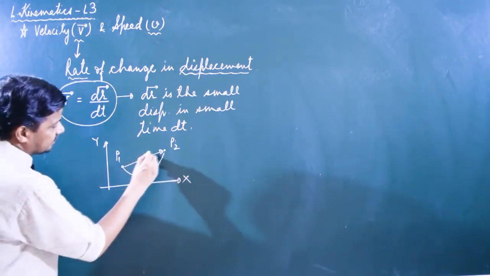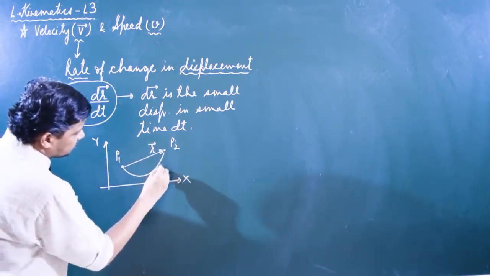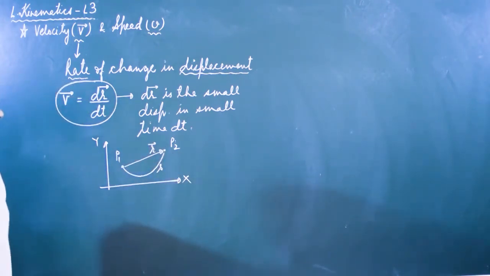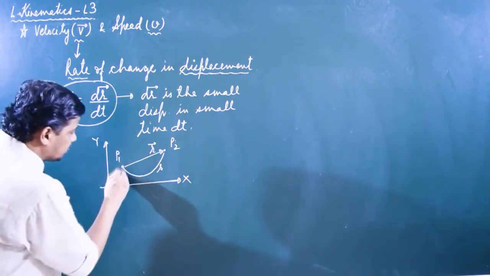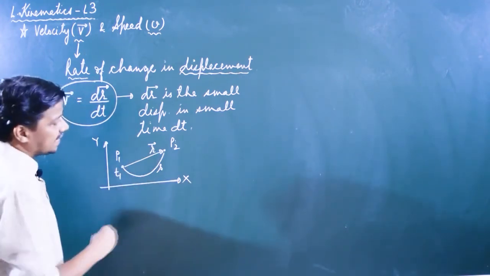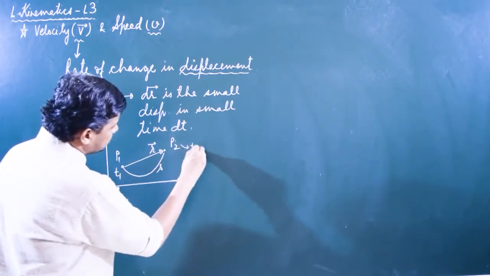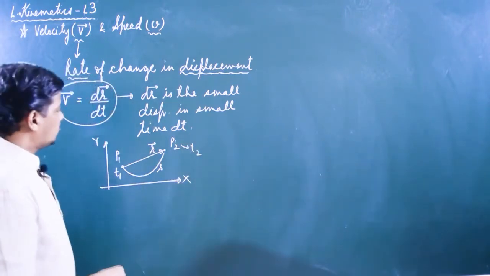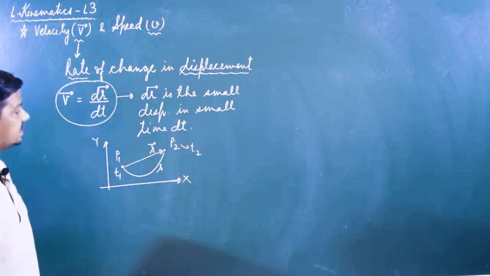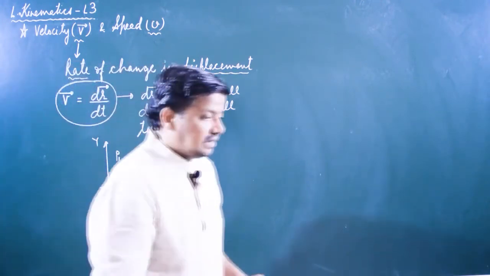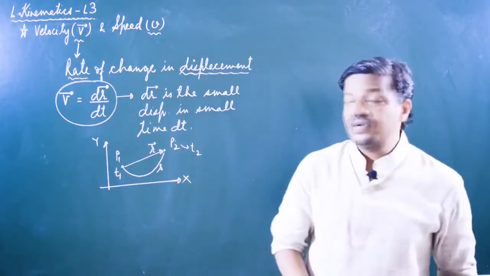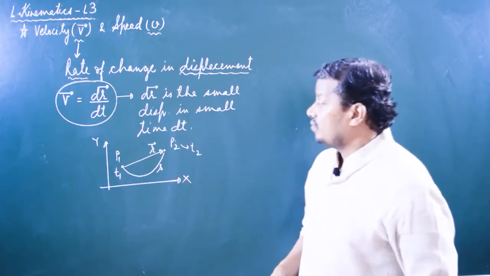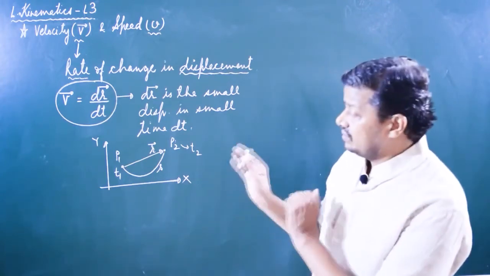So it is displacement, and this one is what? The distance covered. So we have to consider the motion of the particle from point p1 to p2 within the given time interval t1 to t2.